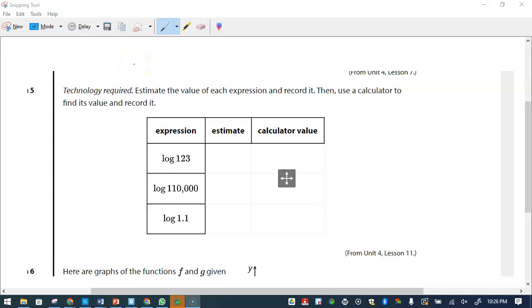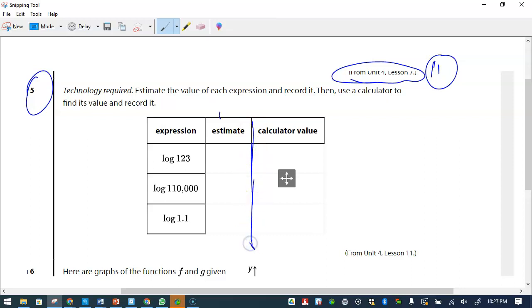Now this question is a repetition of Unit 4, I think an earlier lesson, lesson number 11. Just in case you missed 11, what you are supposed to do is estimate, and then use the calculator. We will do both. In this example, look at this.